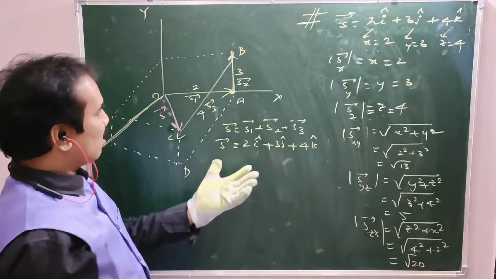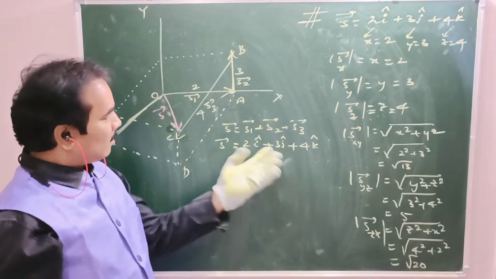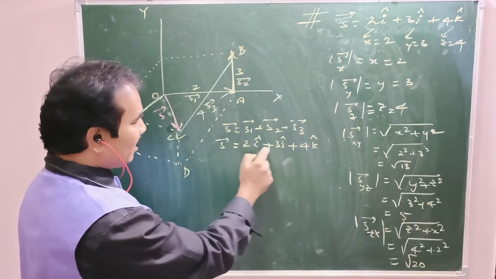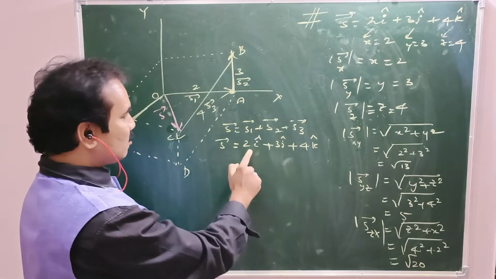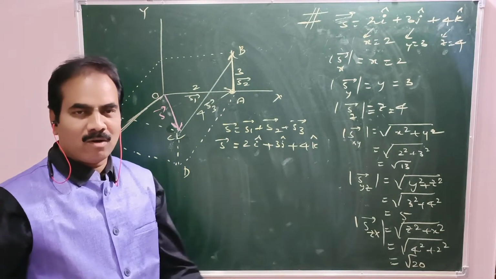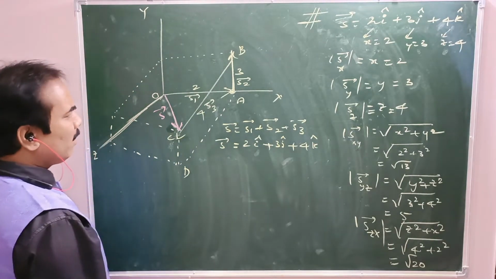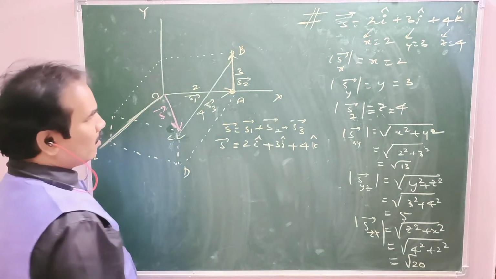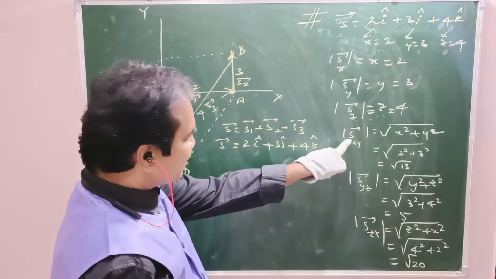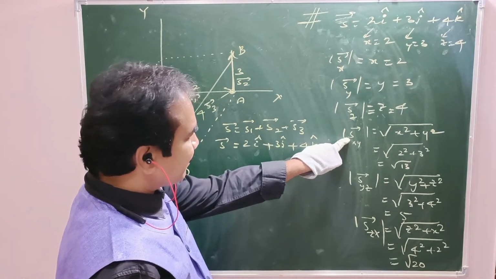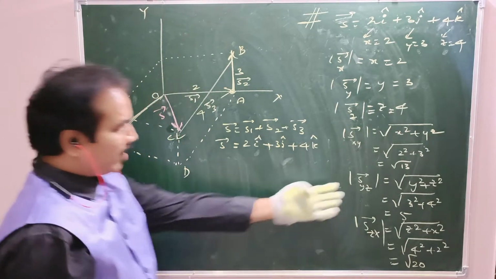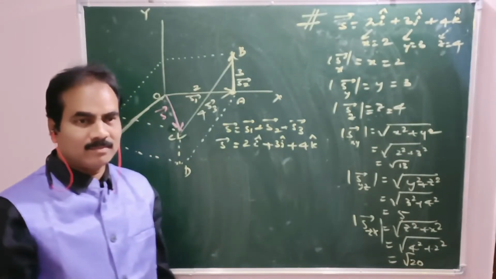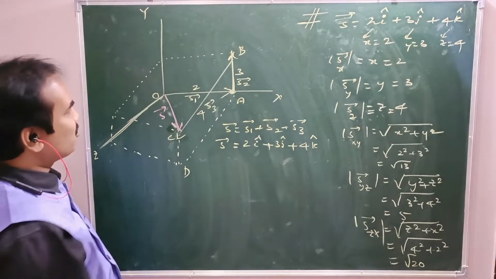That is how the given vector is formed by the combination of 3 individual vectors, 2I cap plus 3J cap plus 4K cap. Now, how can you assign the length of this vector in the XY plane, YZ plane and ZX plane? Let us see.